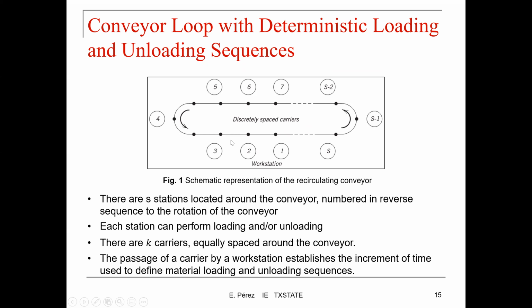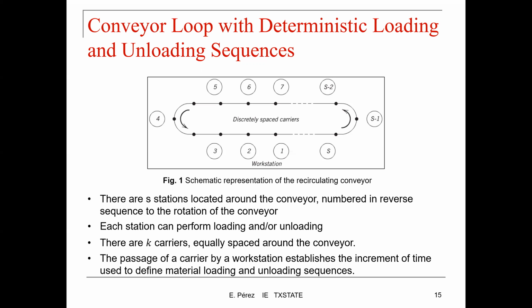And the line with dots represents the carriers of the conveyor. Those carriers are discretely spaced, so they have the same space between them, and they are moving at a specific speed around the workstations, and they have a specific direction. In this case, they're going counterclockwise.